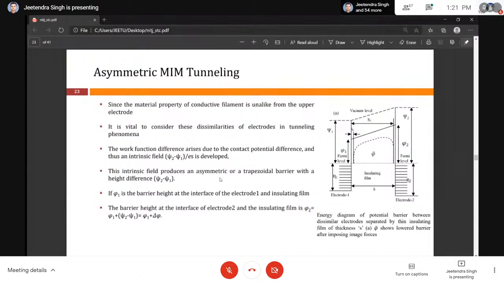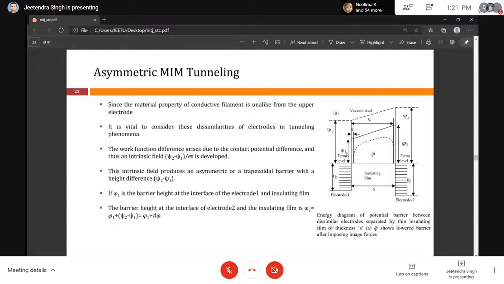Now you can also model this MIM structure by considering different metals. One side of our device is a platinum electrode, and on the other side we have the conductive filament. So these two metals are not the same in nature.